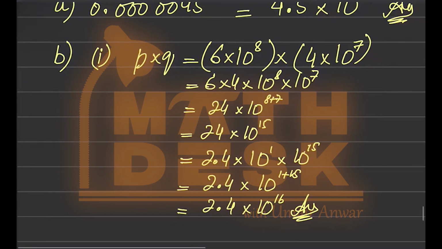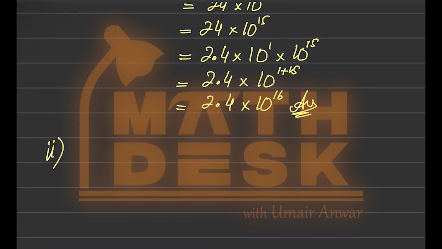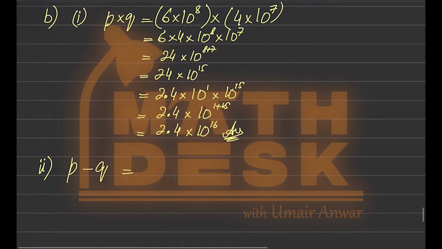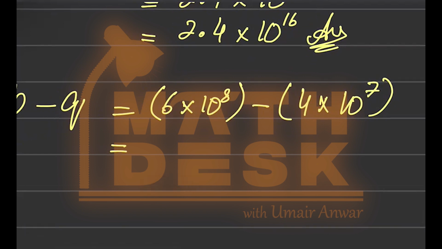Okay, part 2 says P minus Q. We need to find out the value of P minus Q. The value of P is 6 into 10 raised to 8, minus Q, which means 4 into 10 raised to 7. Now, to subtract and find the answer, we need to first make these two indices the same.